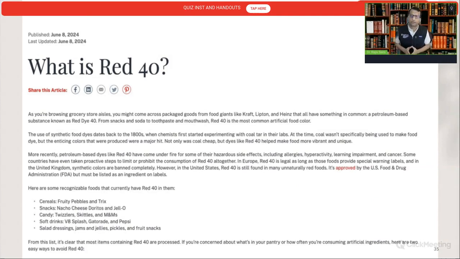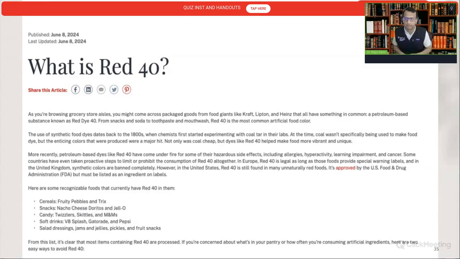Another important topic here to mention is Red 40. This is a very common synthetic color, which is added to a lot of oral care products. When you see the shiny, bright red color mouthwashes or toothpaste, nothing is real there. Everything is chemical, synthetic.